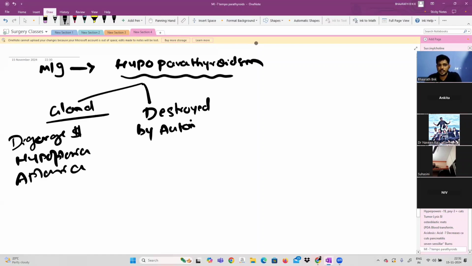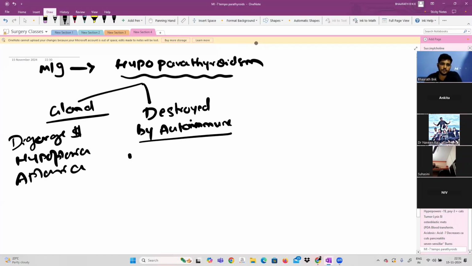Now, whenever the calcium is less, this reduction in the calcium should be sensed by the parathyroid gland so that it can release the parathyroid hormone. Now, there is less calcium in the body and the gland is not at all sensing it, then obviously parathyroid hormone release will be inhibited. There is no increase in the parathyroid hormone.